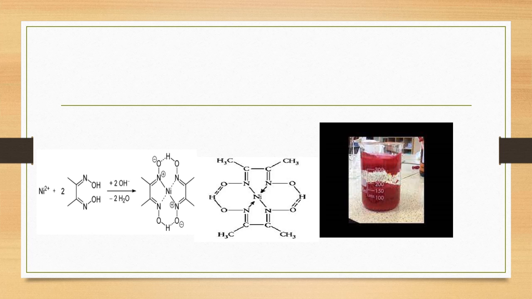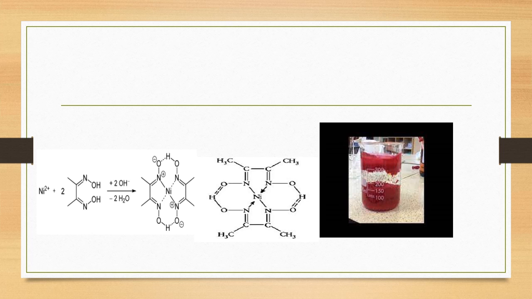When it is an oxime, there is NOH as the functional group, so one can see here there is hydrogen bonding, and therefore the total number of rings one can see in the structure is 4. Out of 4, 2 are pentagonal rings and 2 are hexagonal rings.